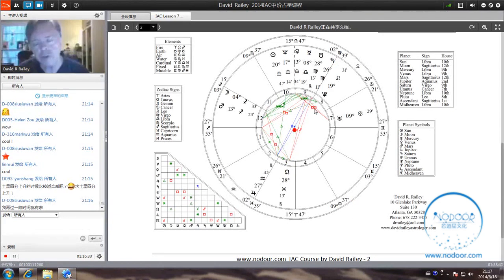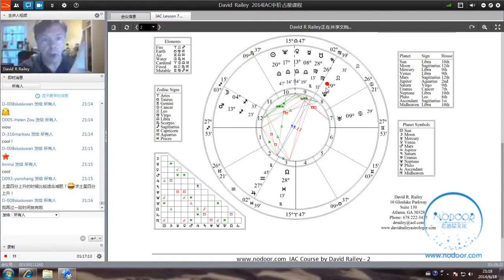So you can see that you can think of Saturn as being something very beneficial. Jupiter is sextile the ascendant. Jupiter says, have another piece of cake. It's okay. And Sagittarius is like, sure. Why not? We should.